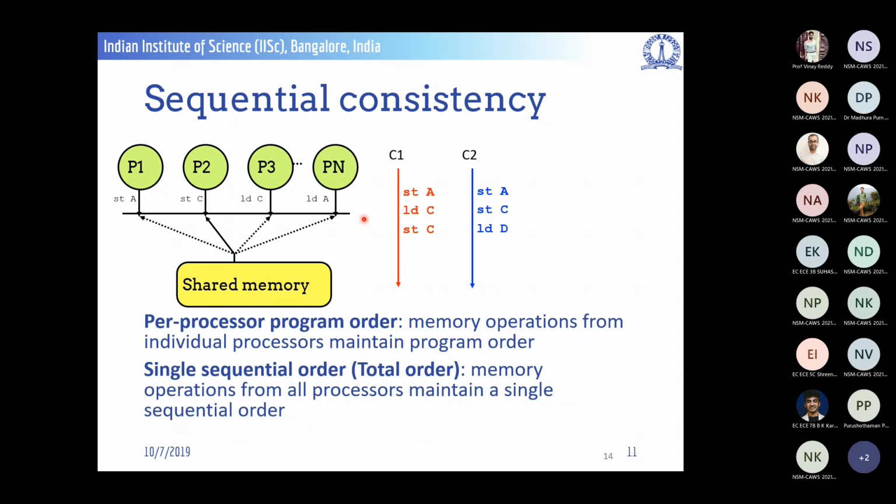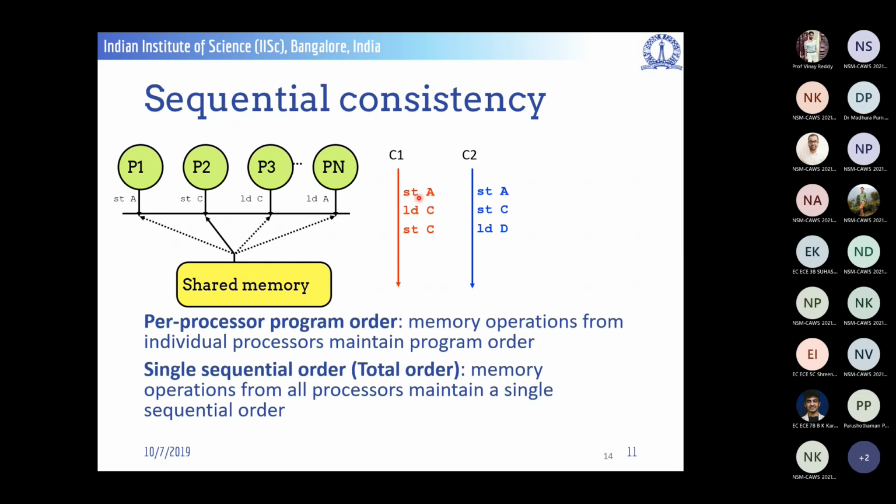Let us assume that there are two threads of the same application that are running on two cores. There is some store, and we ignore all other non-memory instructions because they do not have anything to do with the memory consistency model. This is about the memory instructions, load stores.